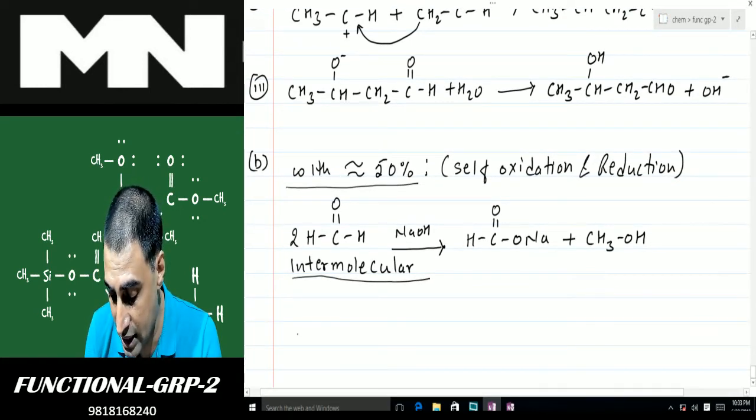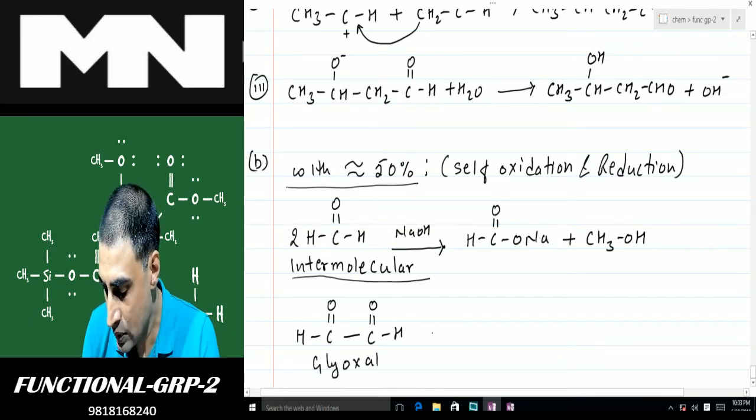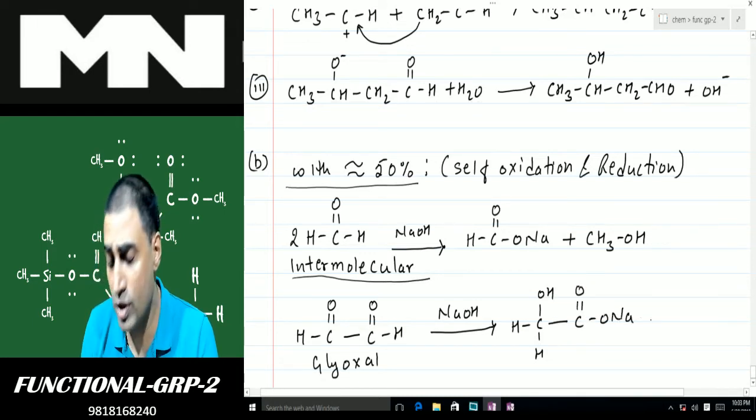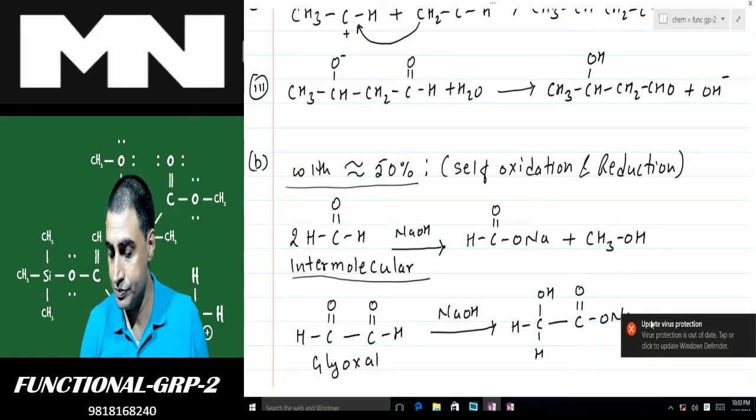We can also have intramolecular Cannizzaro. Suppose I have got glyoxal, and I am reacting it with base. I will get a compound like this, where one of the aldehyde groups has undergone oxidation while the other has undergone reduction.